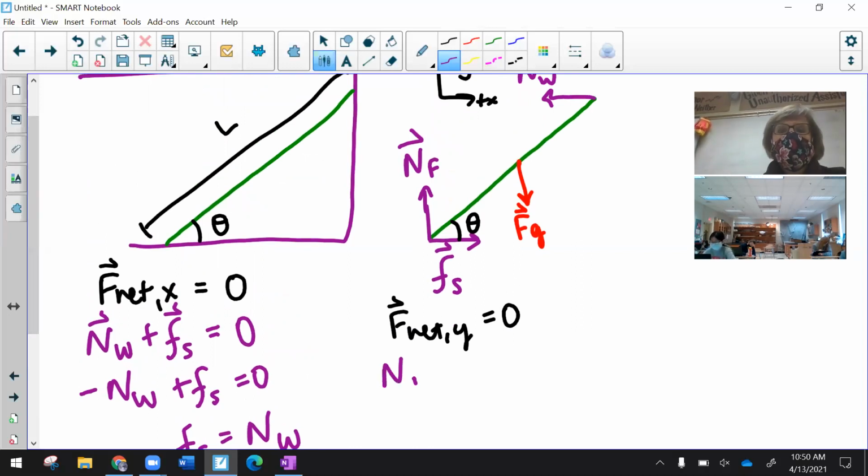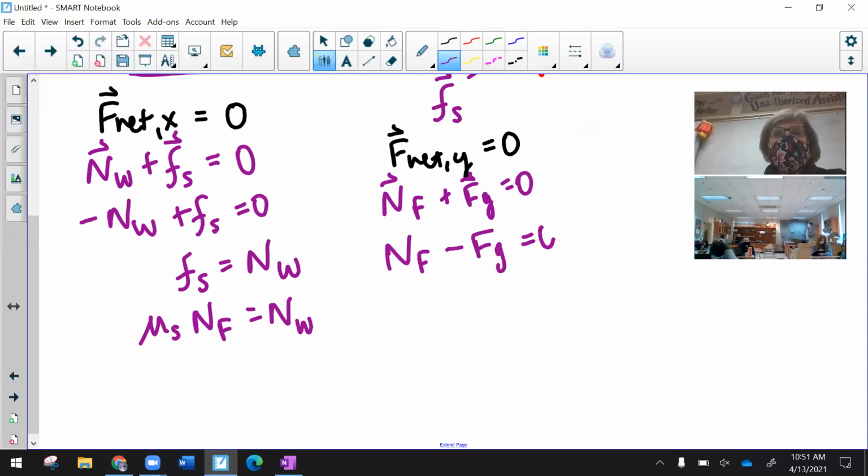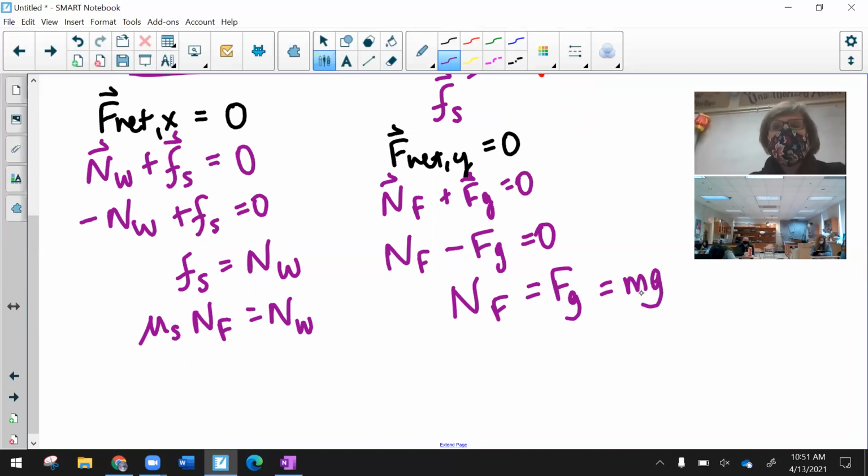So I've got that normal force from the floor and the gravitational force. Normal force from the floor, positive or negative? Positive. Gravitational force, positive or negative? So that tells me that the normal force from the floor is equal to F_g, which is equal to mg.